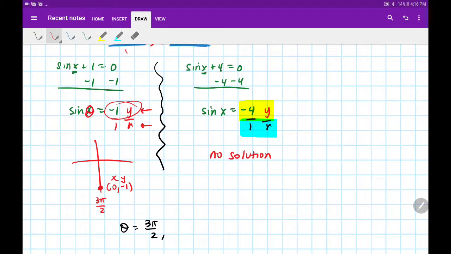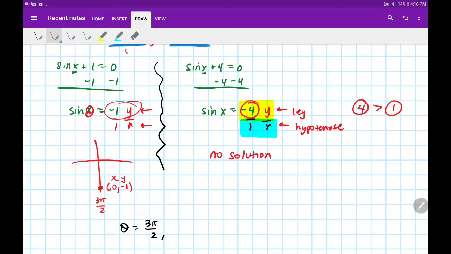So hopefully you had time to think about it. If you didn't, you could pause the video. But basically, if y represents a leg and r represents our hypotenuse, is it possible in any triangle to have a leg whose length of 4 is greater than the length of the hypotenuse?